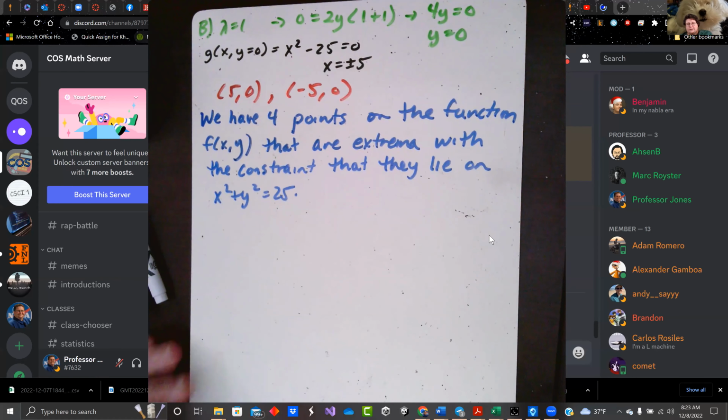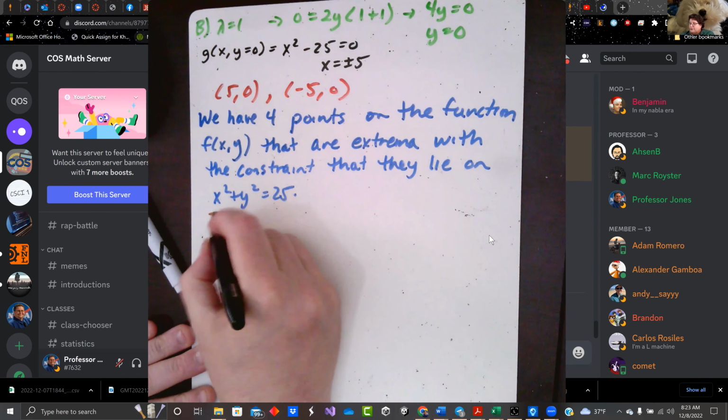So f of x, y is going to have more extrema than that, or can. And it's these points, so we don't know whether they're maxes or mins.